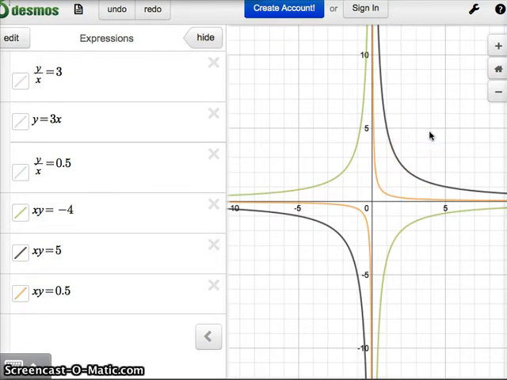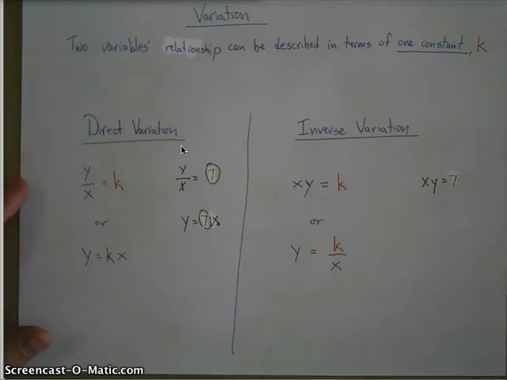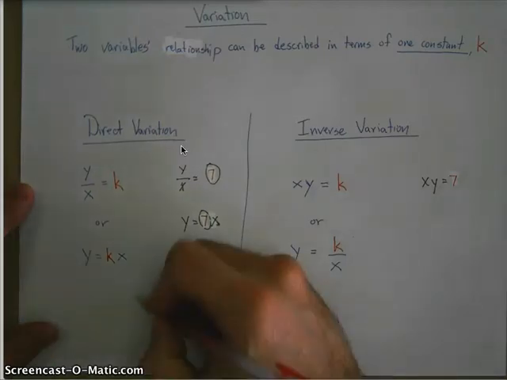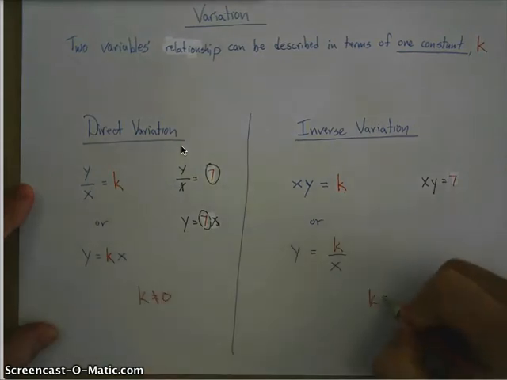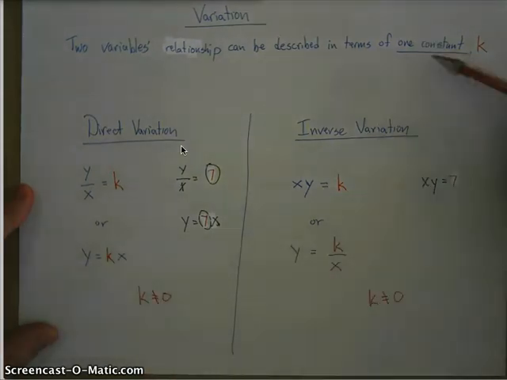Now that's as simple as it gets, but there is one last piece to add on. In both these cases, the inverse and the direct relationship, k cannot equal 0. So there's one constant that describes their product or their quotient, but that number cannot be 0.